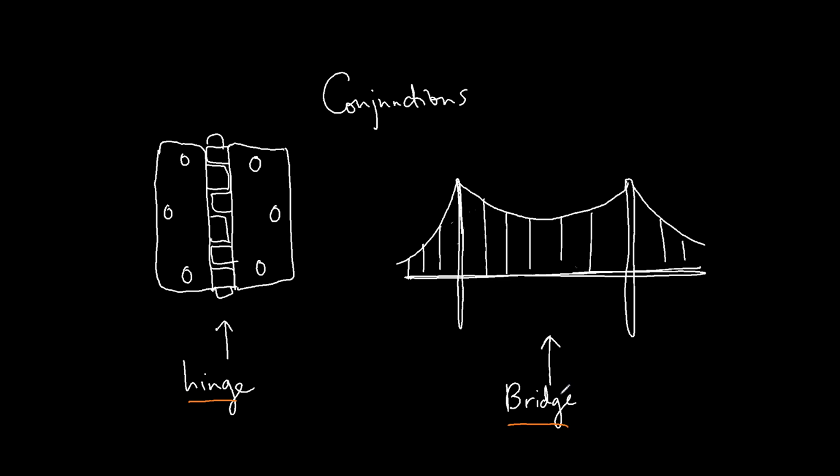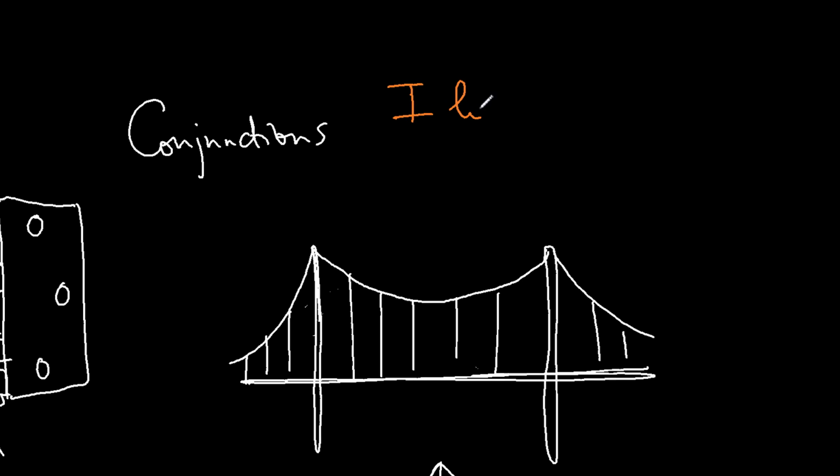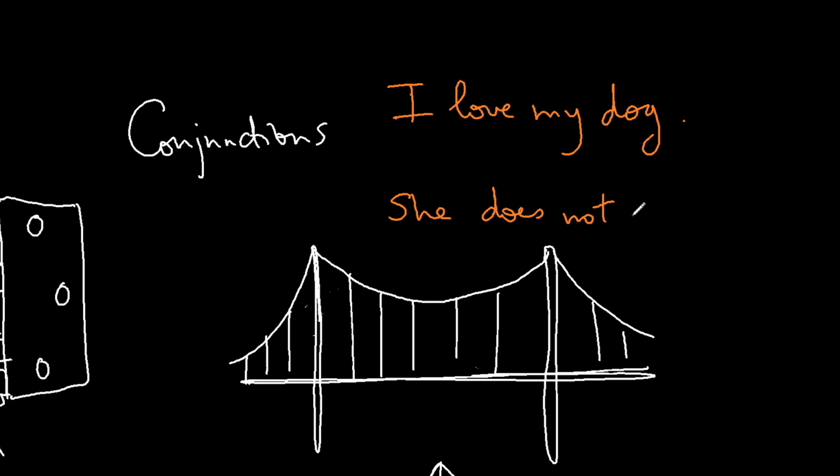So if we use an example here just to introduce conjunctions, we could take a couple of sentences and we could say, I love my dog. There we go, there's sentence one. And then you could also say, she does not play fetch.